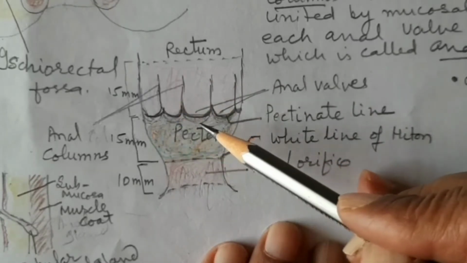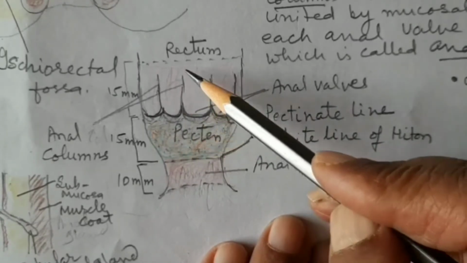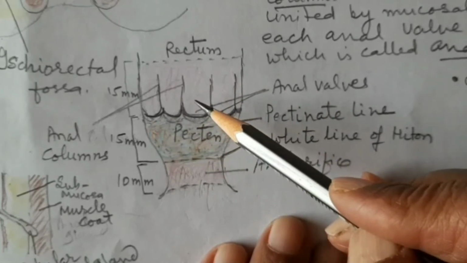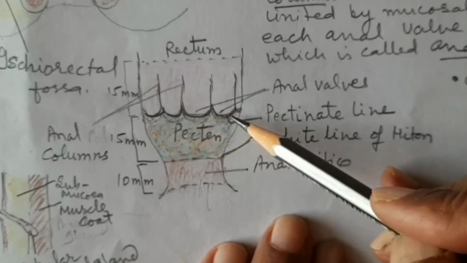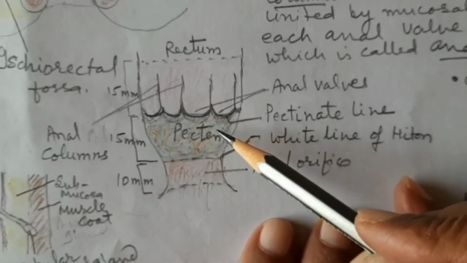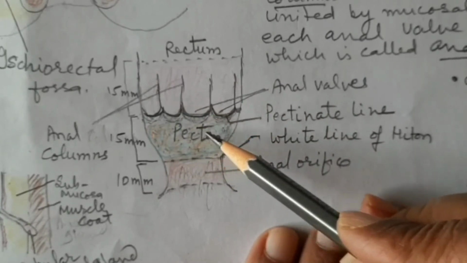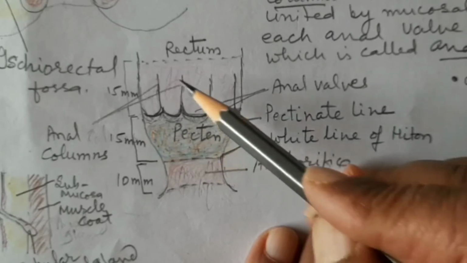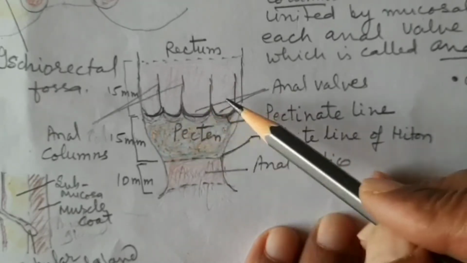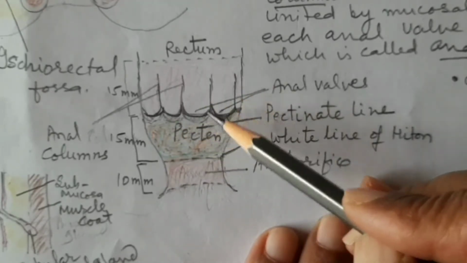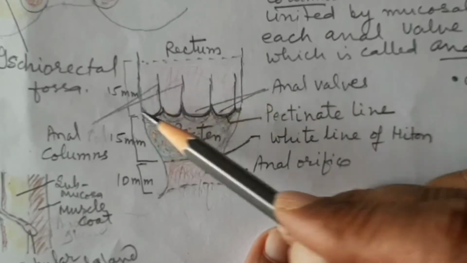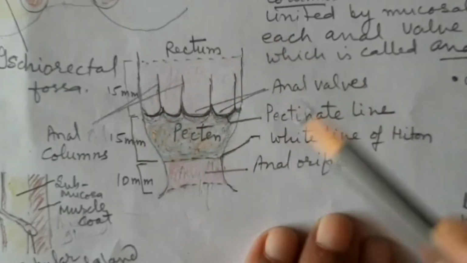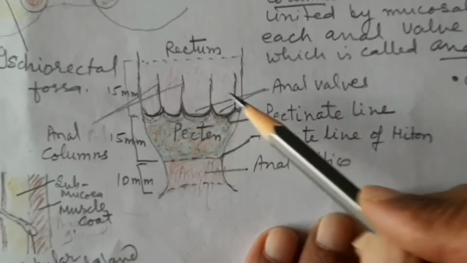So this part is lined by mucous membrane, which is lined by simple columnar epithelium, and there are about 6 to 10 longitudinal folds of this mucous membrane. So long elongated folds, all around the circumference, 6 to 10.